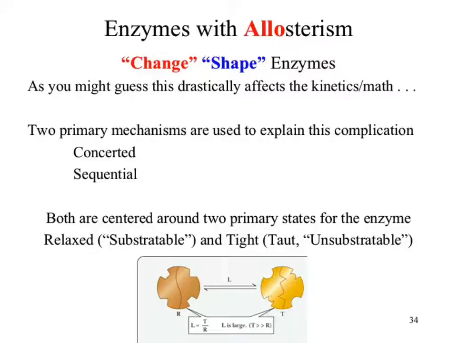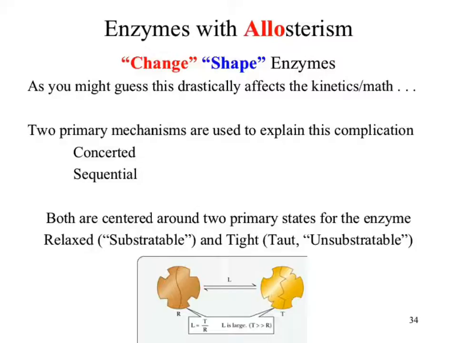So we end up with two forms of the enzyme. The tight enzyme, or the taut enzyme, which doesn't bind substrate, we'll call T. The relaxed form, which can bind substrate, we'll call R. The enzyme can convert between those two states.